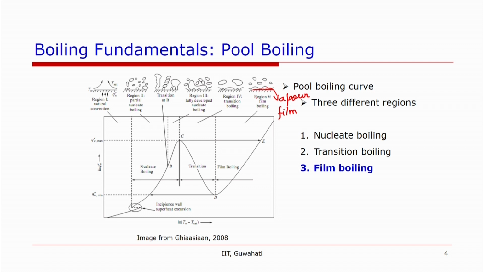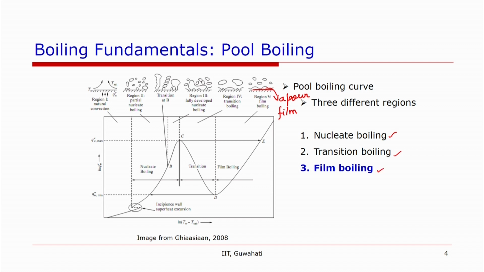So the heat transfer is decreased further, and then with a further increase in the wall heat flux, this increases, because there is always a thin film of vapor here, and then the heat transfer happens accordingly. Okay. So in the pool boiling, there are three different regions: nucleate boiling, transition boiling, and film boiling.